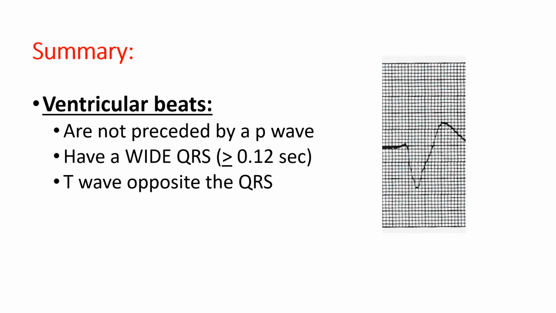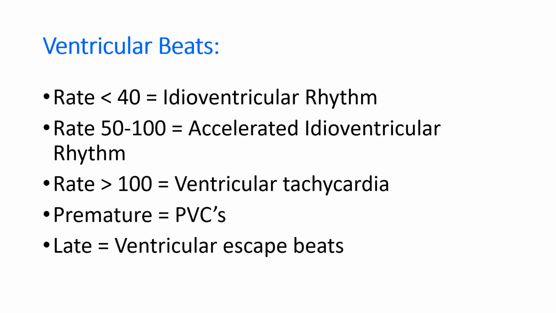So in summary, ventricular beats are not preceded by a P wave. It does not go up into the atrium. You have a wide QRS, greater than or equal to 0.12. The T waves are in the opposite direction of the QRS. With ventricular beats, when your rate is less than 40, it's an idioventricular rhythm.